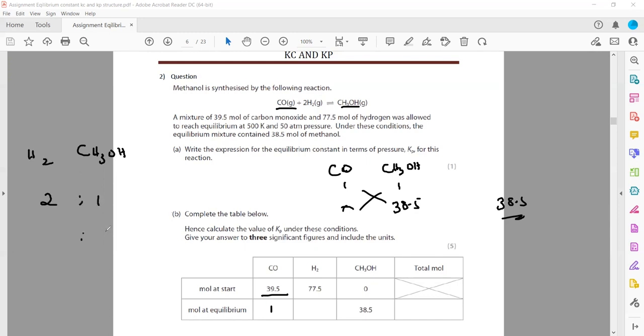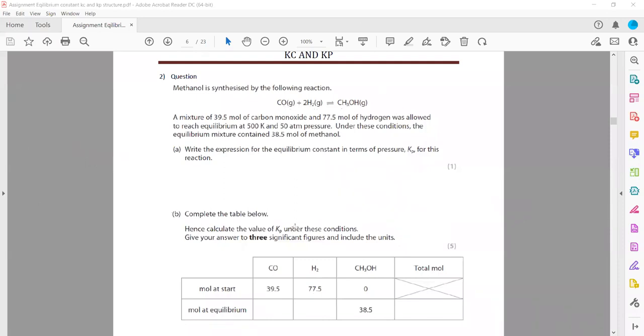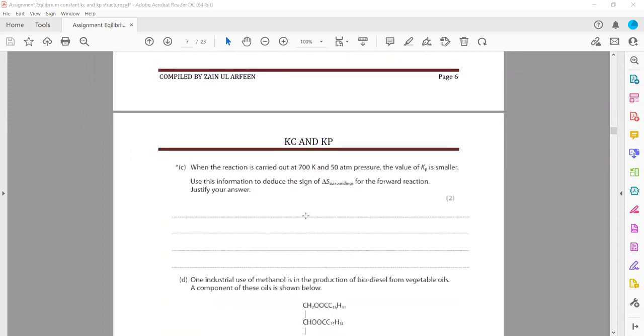If we have 38.5 methanol, cross multiply, 77 moles will have reacted, but we don't need how many react. We need how many left. Out of 77.5, 77 reacted, so left only 0.5. So 0.5 and 38.5.